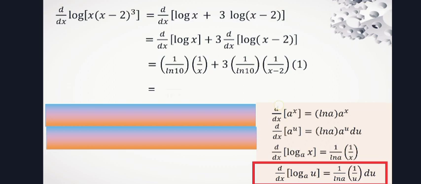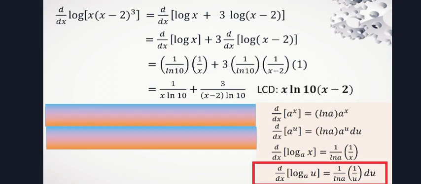Then, simplify natin. The answer is 1 times 1 is 1 over x inverse 10 plus 3 over x minus 2 inverse 10. And this is the final answer. Or, pwede nating i-simplify further by the LCD. So, LCD natin is x inverse 10 times x minus 2 para magiging single fraction na lang.